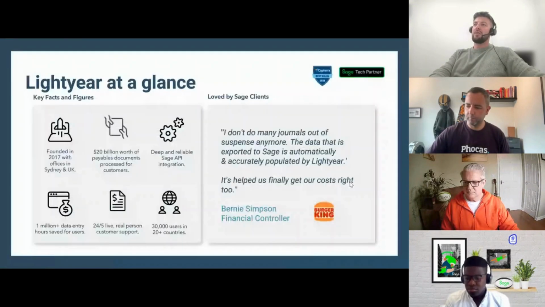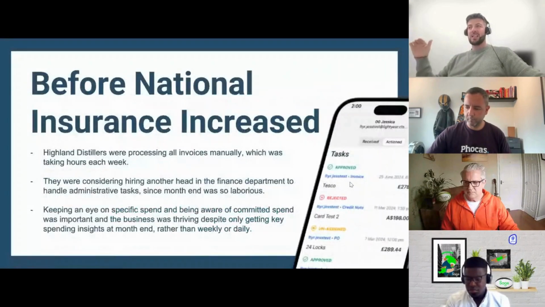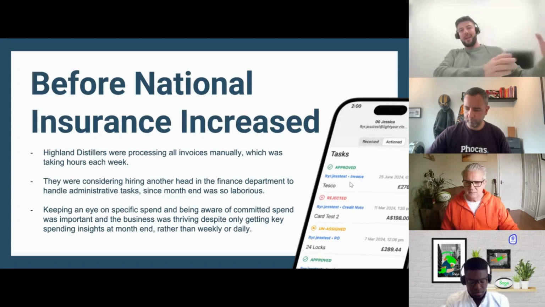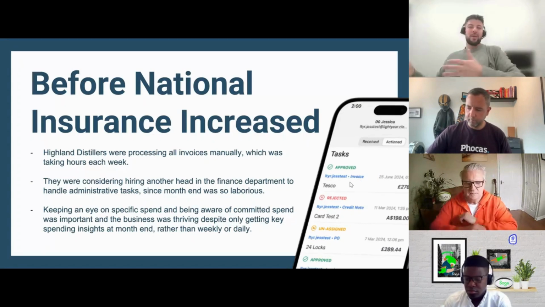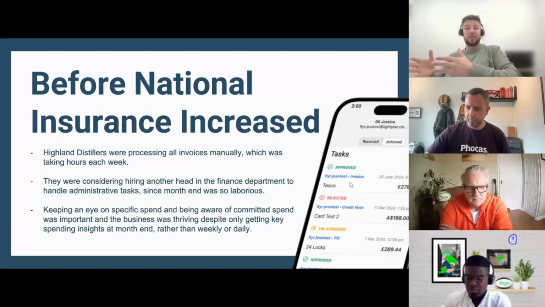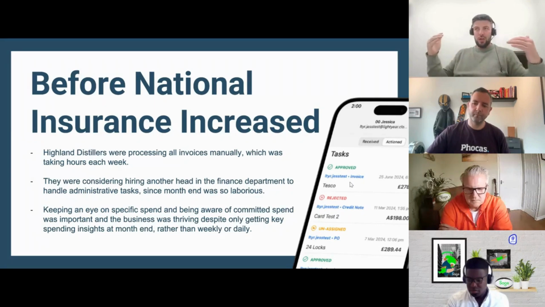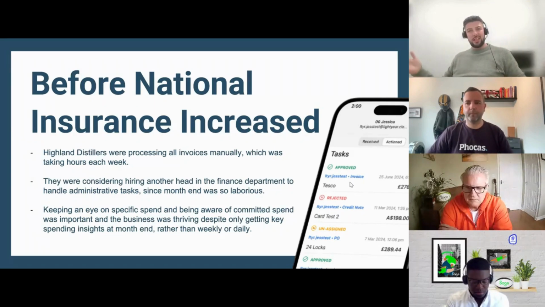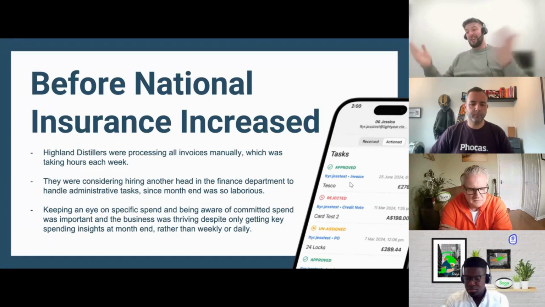Just to go back from a Lightyear perspective, there's obviously increases in national insurance, and the Lightyear product itself, whilst there's money being hemorrhaged elsewhere, Lightyear has the ability to bring data extraction to the masses, remove the manual processes, which means you can redistribute talent into the business and allow the talent to be more strategic, as opposed to actually having people doing endless monotonous jobs in this day and age.